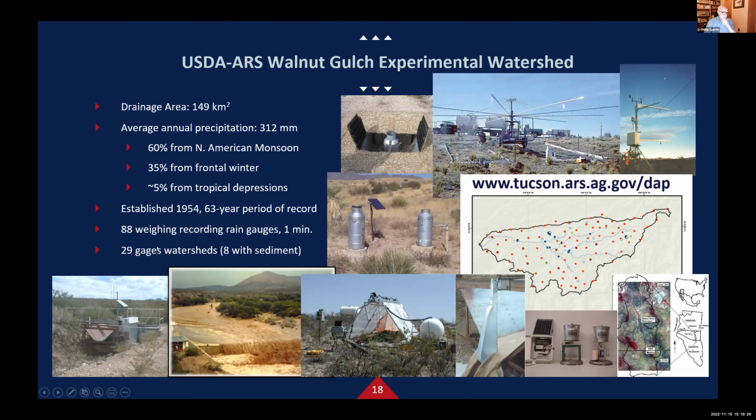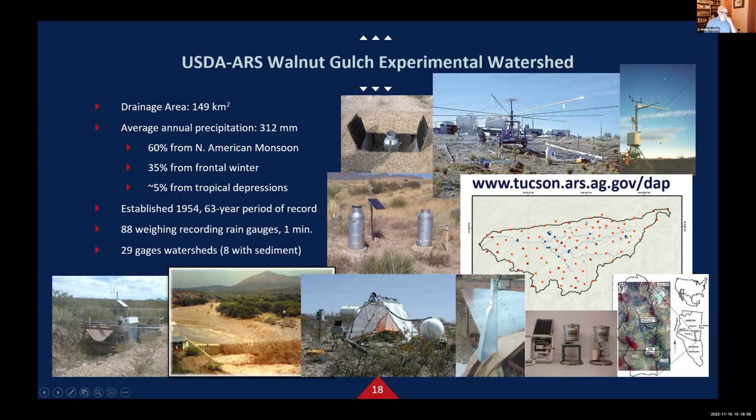They also have 29 gauged watersheds, 8 of them measuring sediment. The watershed was established in 1954, so we have over 60 years' worth of record. A lot of studies have been done on the importance of rainfall on hydrologic response based on this wonderful rain gauge network.